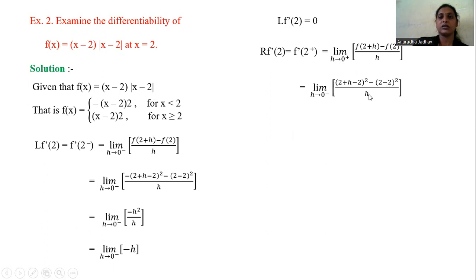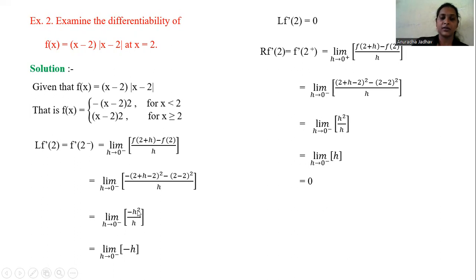Minus 2 divided by h as it is, limit as h tends to 0, plus 2 minus 2 gets cancelled, remains only h square divided by h. h gets cancelled, then limit as h tends to 0 of h, then applying the limit as h tends to 0 plus on the function h, it will get 0.